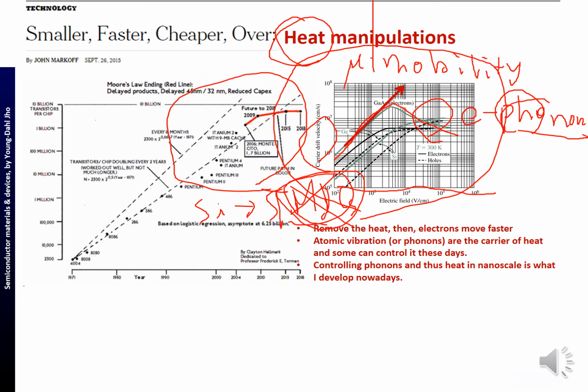So if we remove these phonons, then our electron-phonon scattering will be reduced. Then your electrons will be moving faster. So, in other words, you can remove the heat, then electrons can move faster. These heat carriers are atomic vibrations. So how can you manipulate atomic vibrations? That is another issue.